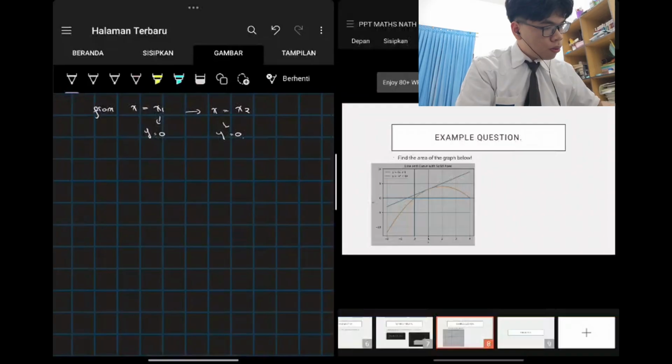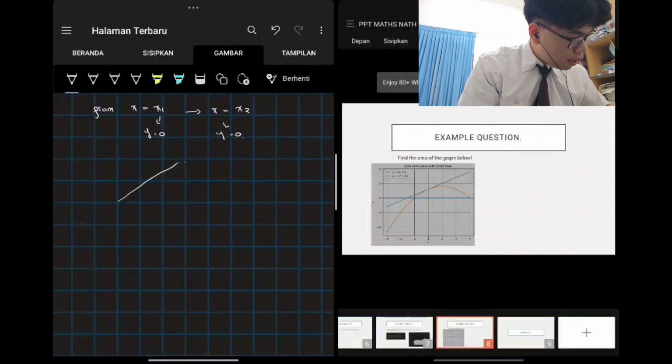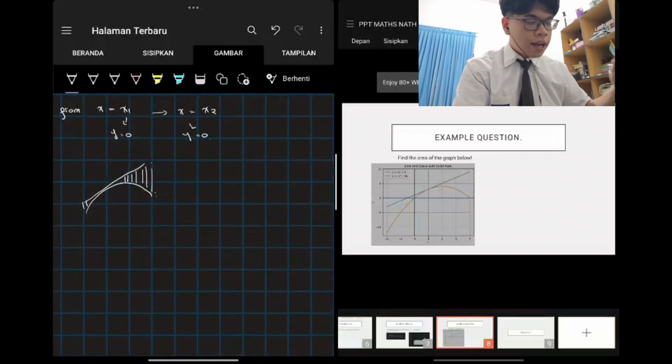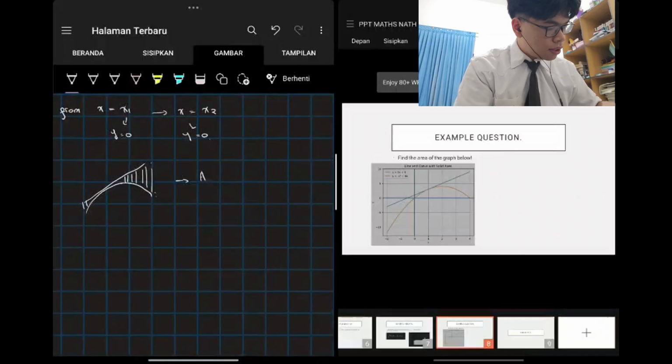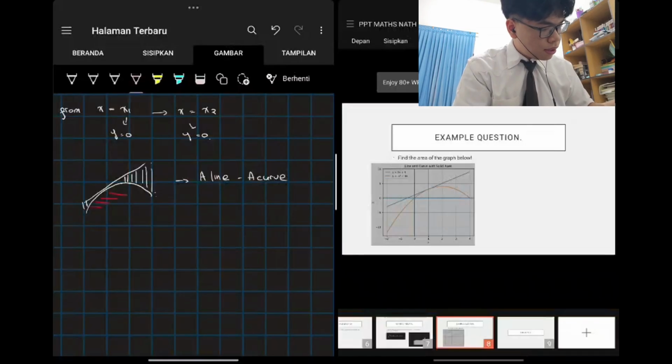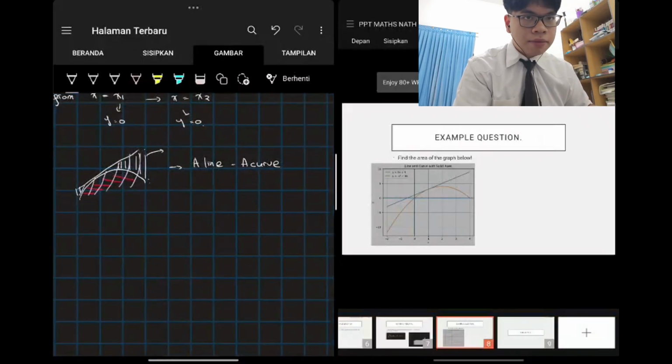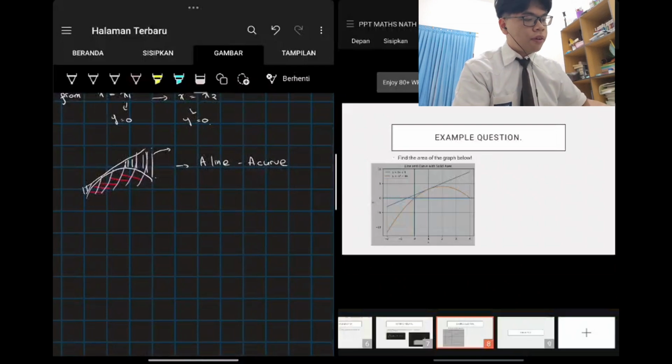And then we want to find the area between these two graphs. So we are actually going to subtract the area of the line minus the area of the curve, because this is the area of the curve and the area of the line is the total. So this white area is the difference between the line and the curve.